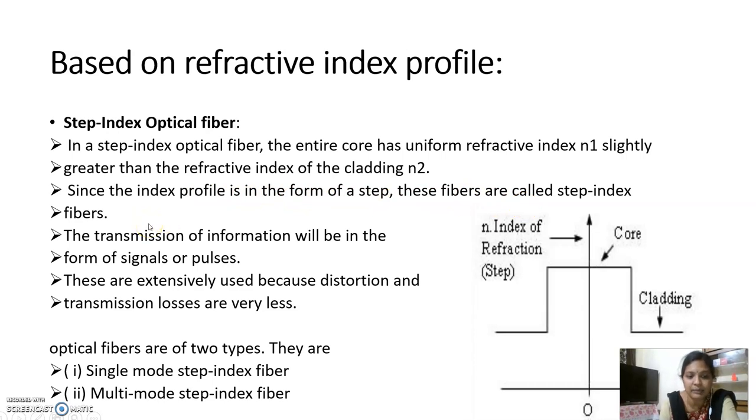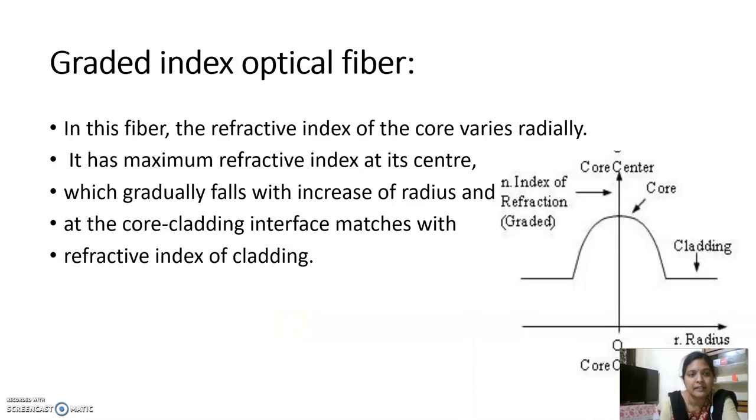The transmission of information will be in the form of signals or pulses here. Again, this step index can be classified into single mode and multi-mode. This is graded index fiber. In graded index fiber, we have non-uniform refractive index of the core and uniform refractive index of the cladding.